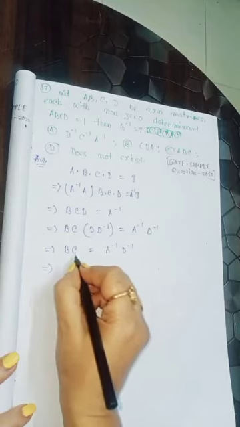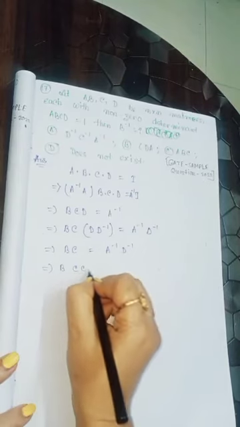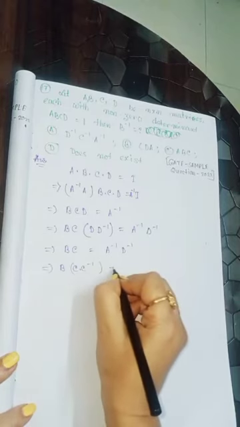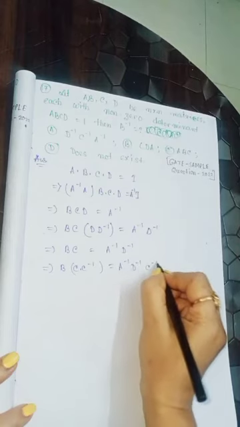Now we cancel C, so multiplication with C inverse. Now C inverse, that is equal to A inverse D inverse C inverse.